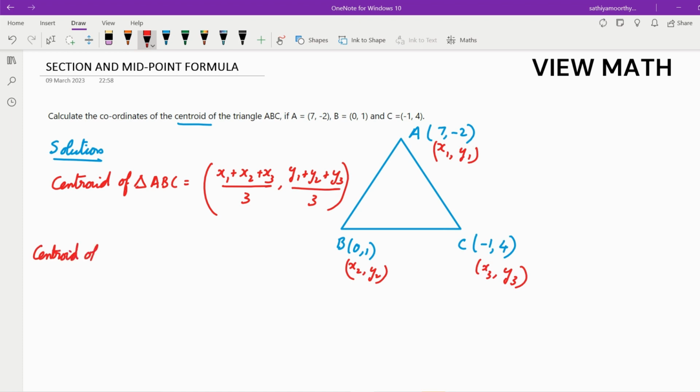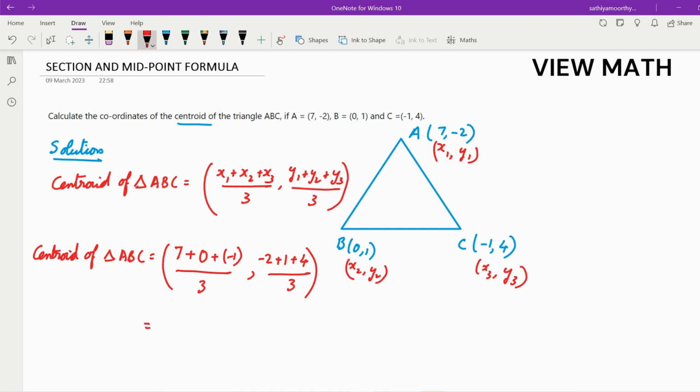Centroid of triangle ABC is equal to x1 is 7 plus x2 is 0 and x3 is -1 divided by 3, comma, y1 is -2, y2 is 1 and y3 is 4 divided by 3. Let me simplify this.